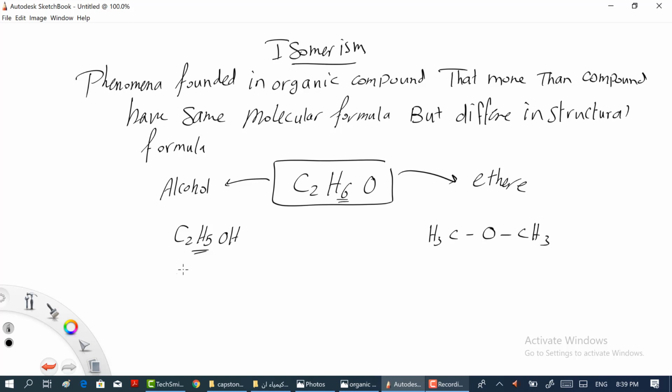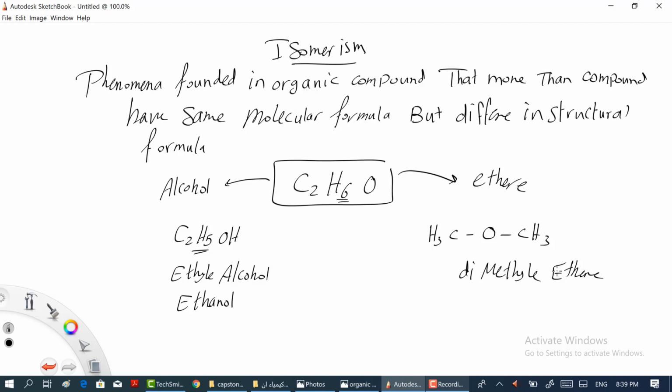This compound is called dimethyl ether. Don't worry about the names, because we will have a lecture on naming compounds.